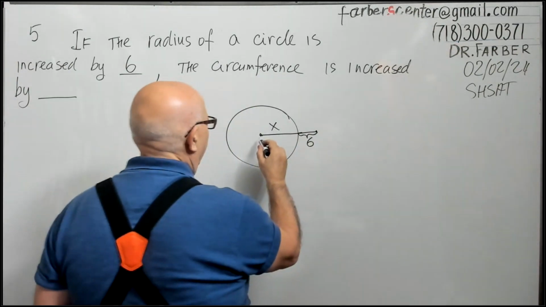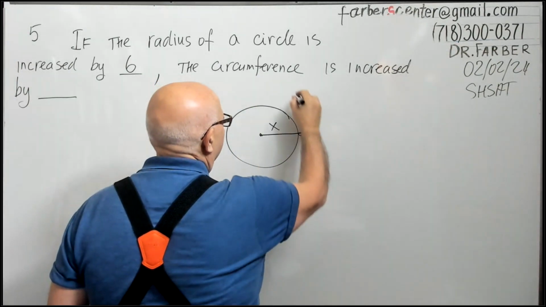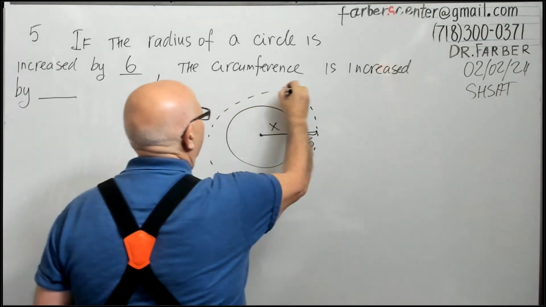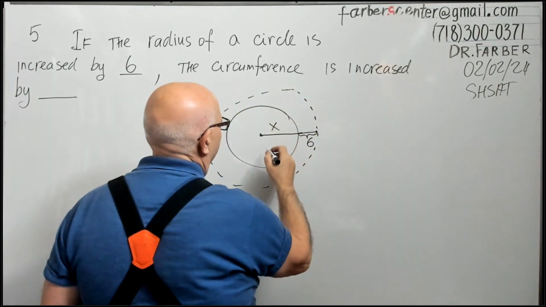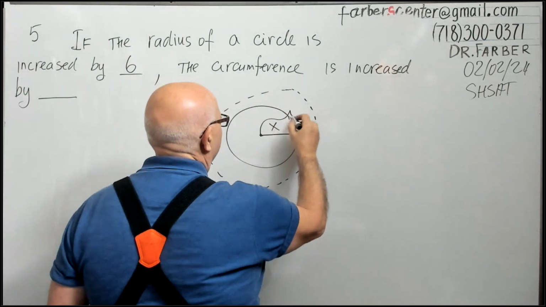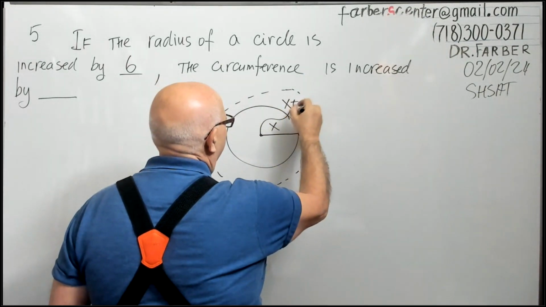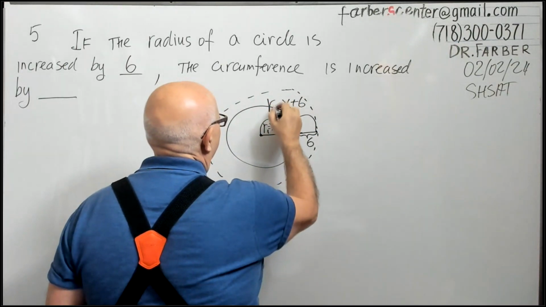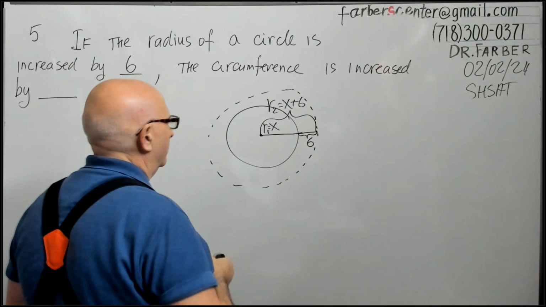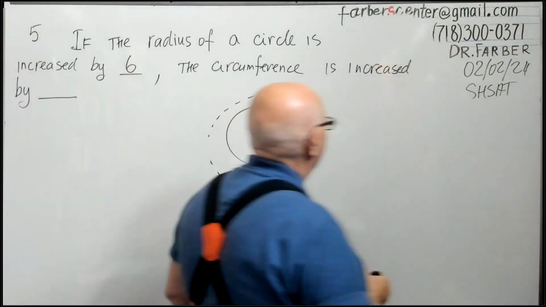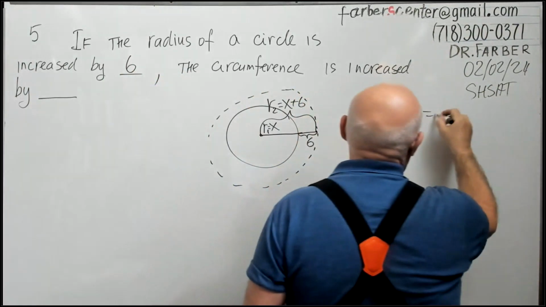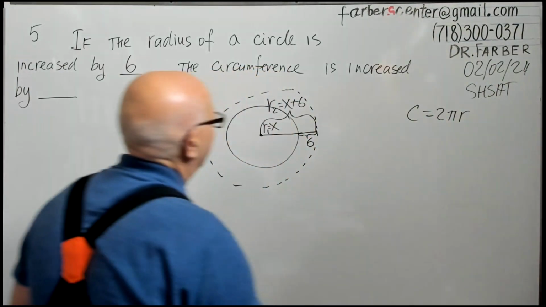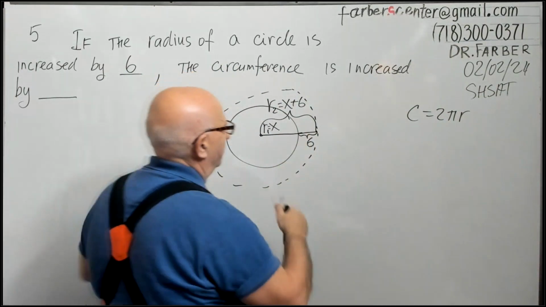A new radius becomes what? A new radius becomes x plus 6. Okay? So this is R1 and this R2. Since you know circumference equals 2 pi r, this is bigger.